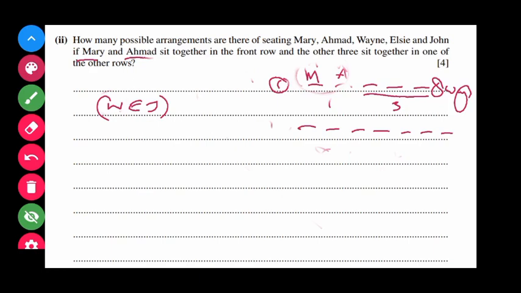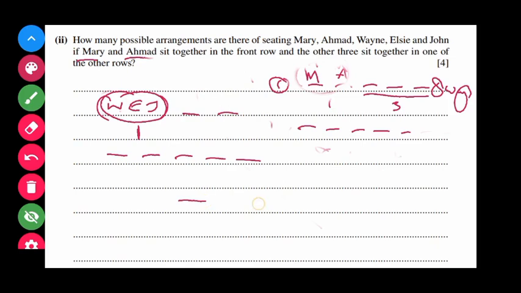Let's find that. Okay, totally we have how many seats? 1, 2, 3, 4, 5 seats are there. So they may sit together. If they sit together, we can consider them as one group. Rest, we have only 2 more seats.